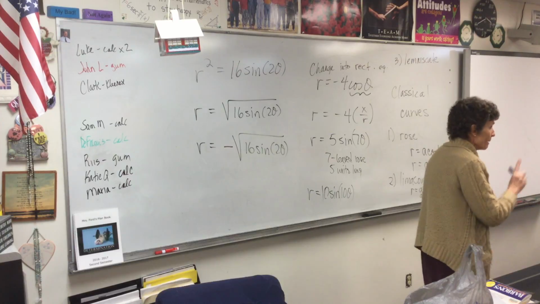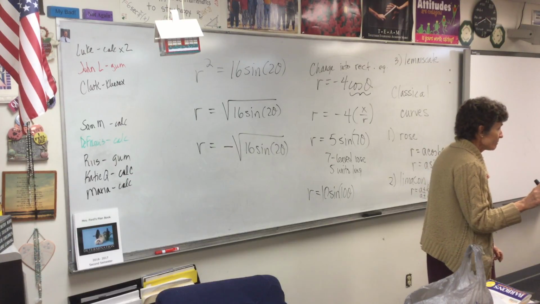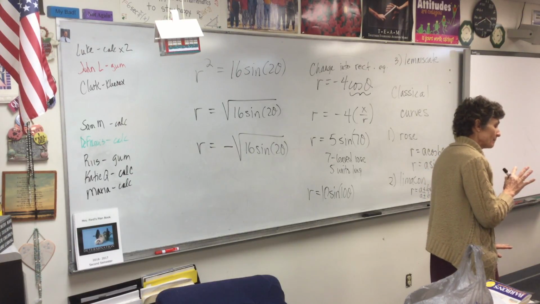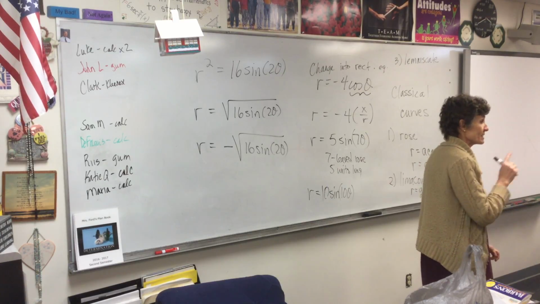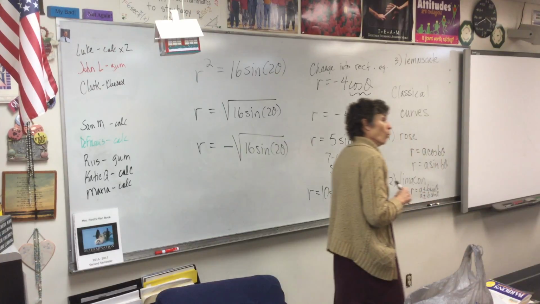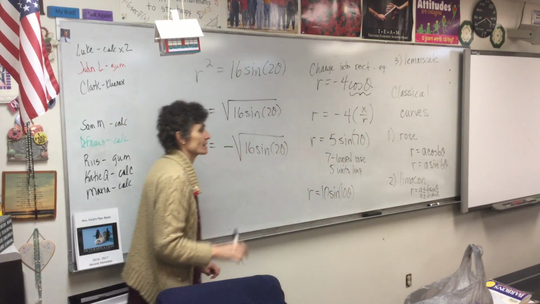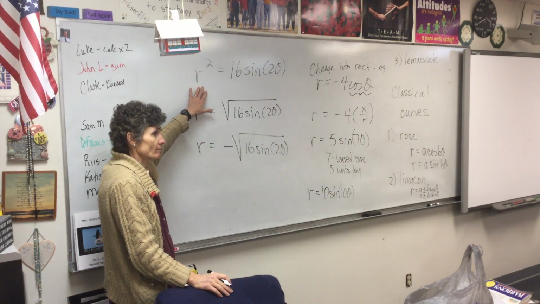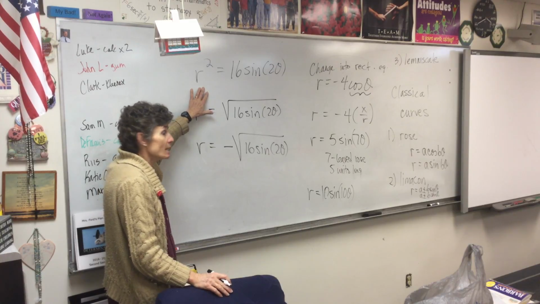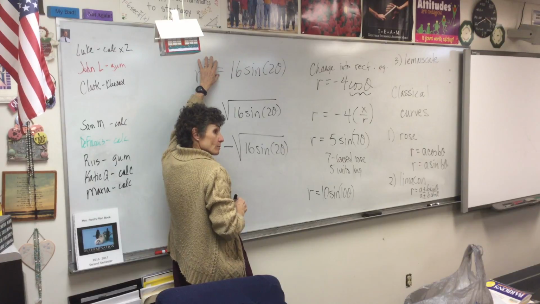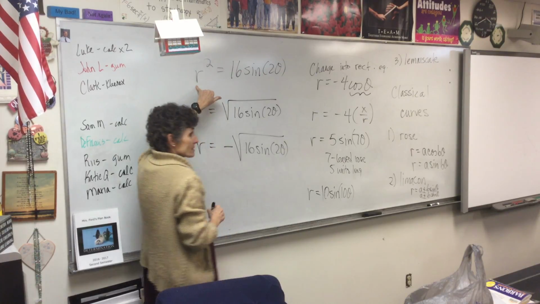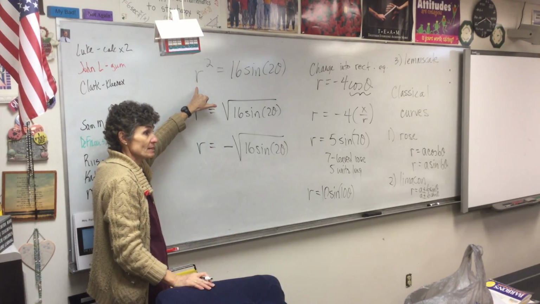So figure 8 lemniscate. What was different about this equation? The squared. This part of it looks like a rose, right? But this makes it a lemniscate.